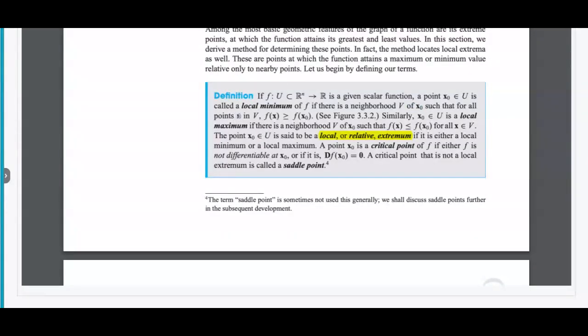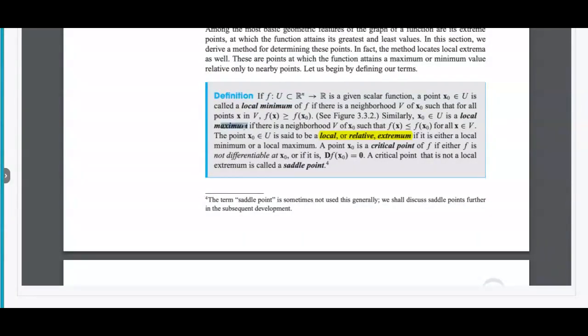All those points are very close to the square root of 4, but it's not. So for all points x in the neighborhood, if its evaluation is at least the same as the next point, it's called a local minimum. Because all other points are at least this much or greater, this point becomes a local minimum.